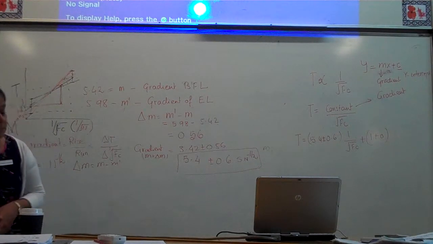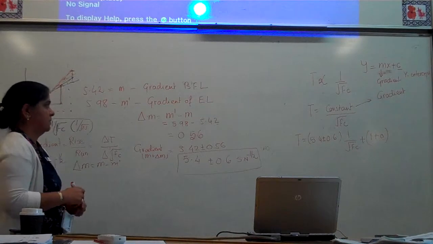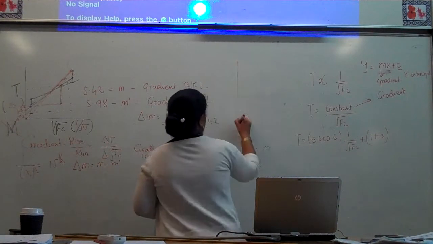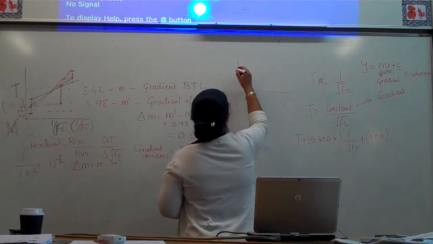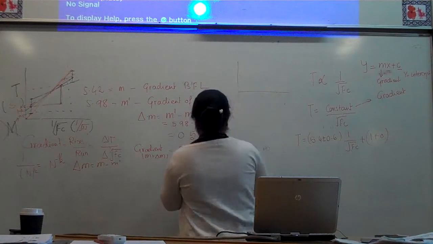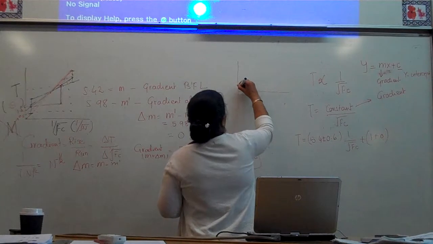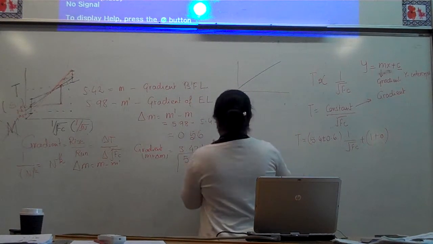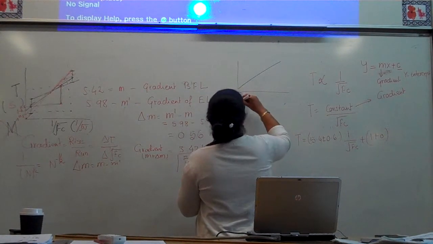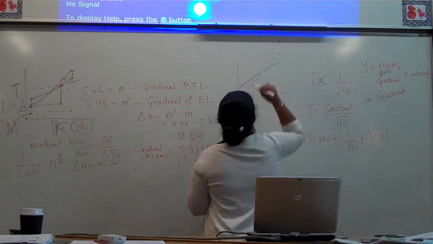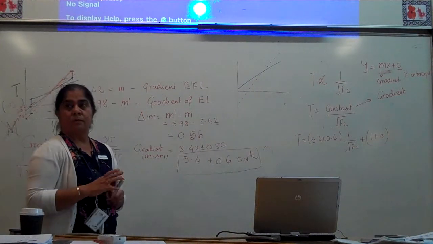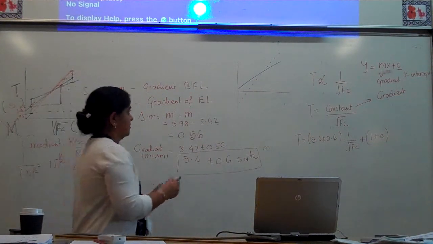What if your uncertainty is negative? Good question. Let's do it. Suppose this was your best fit line and your error line is this.